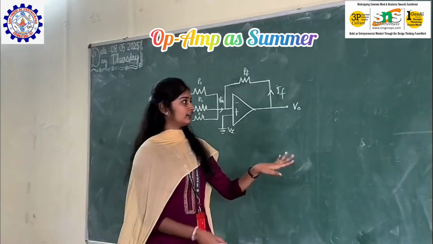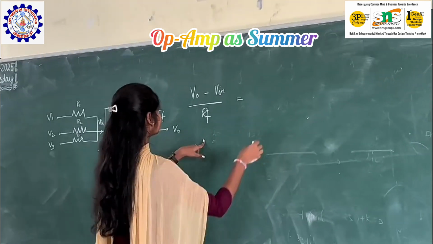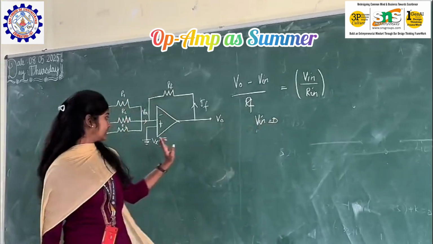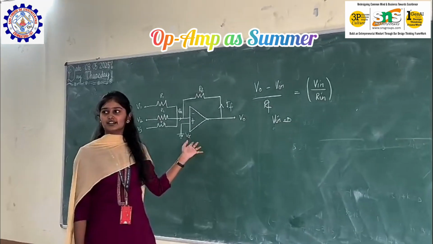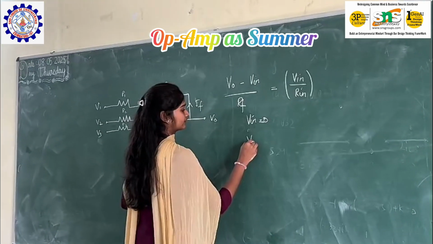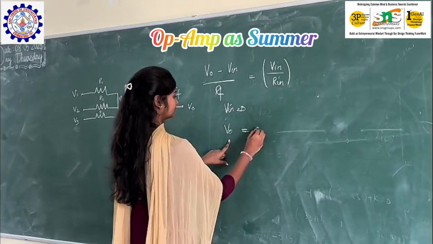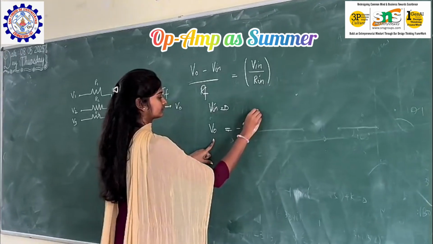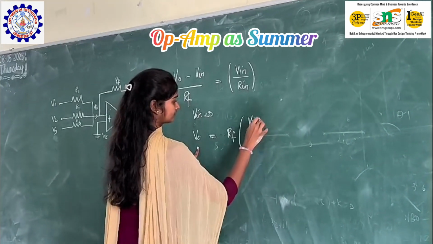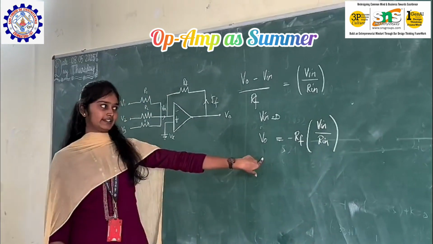Now I am going to solve the expression. Equal to 0, while Vx is 0, it doesn't flow a current, so Vn equals 0. These are the general expressions.